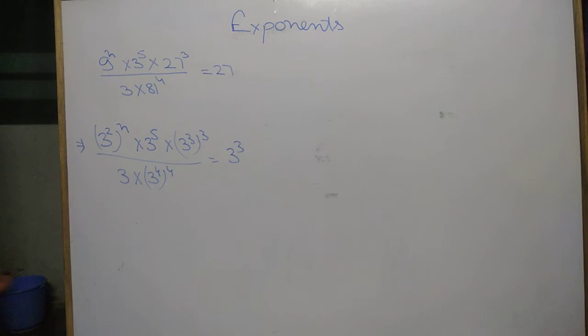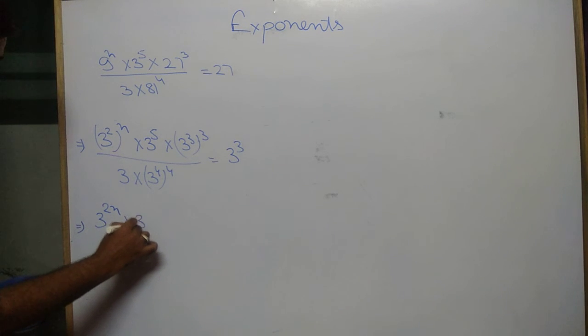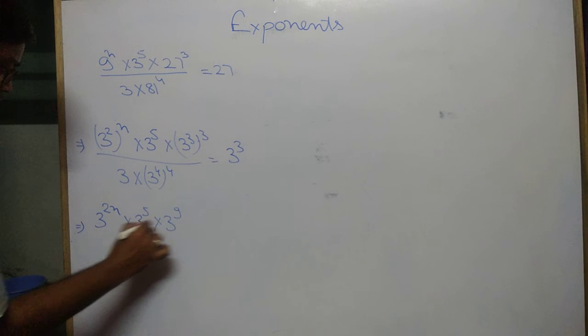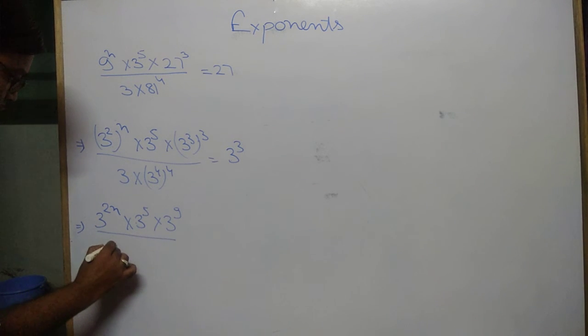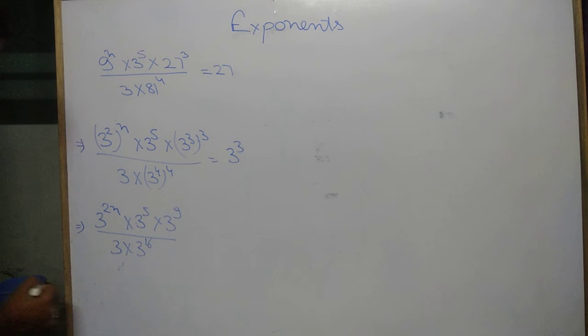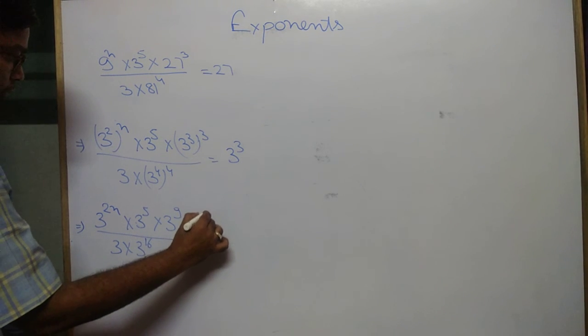Now the bases are the same, so we try to convert: 3 to the power 2n into 3 to the power 5 into 3 to the power 9, by 3, into 3 to the power 16, equals 3 to the power 3.